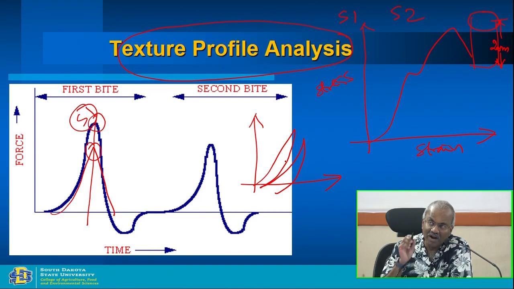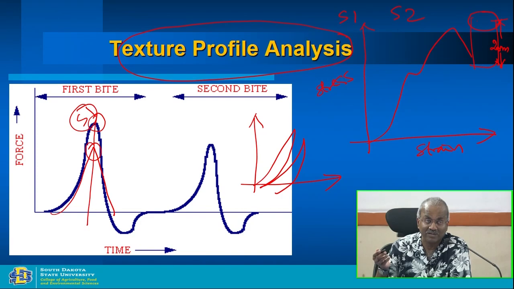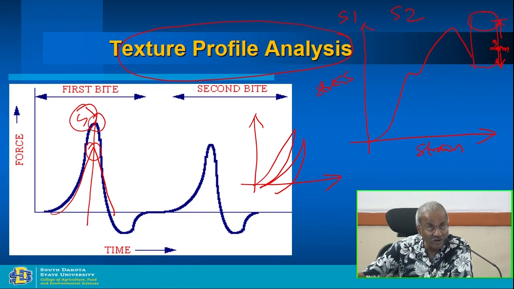If you plot the raw data, it will be like that, not like this. It takes more time to convert this into this one. But the software does it in the background, so you don't see what is happening. But in today's discussion, we are going to see how these things are calculated. Any questions on this?